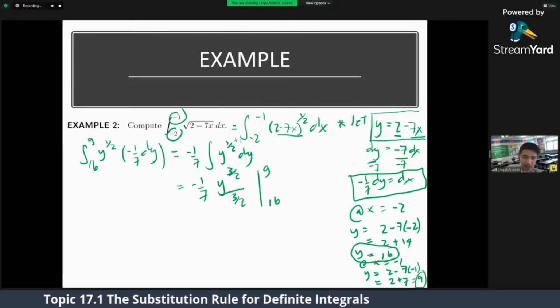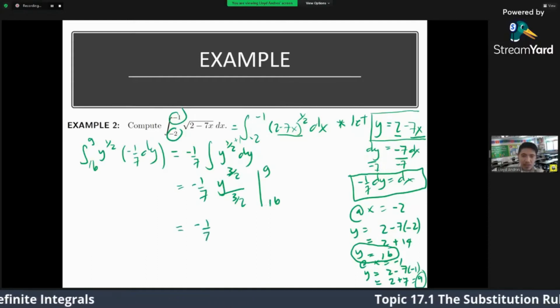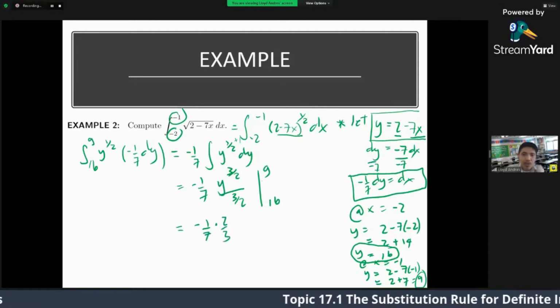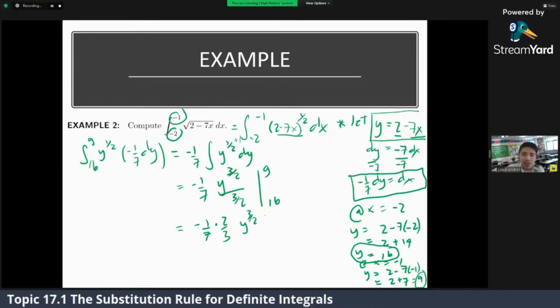Simplifying, this becomes negative 1 over 7 times 2 thirds, since we take the reciprocal of the denominator, and y raised to 3 halves, limits from 16 to 9.